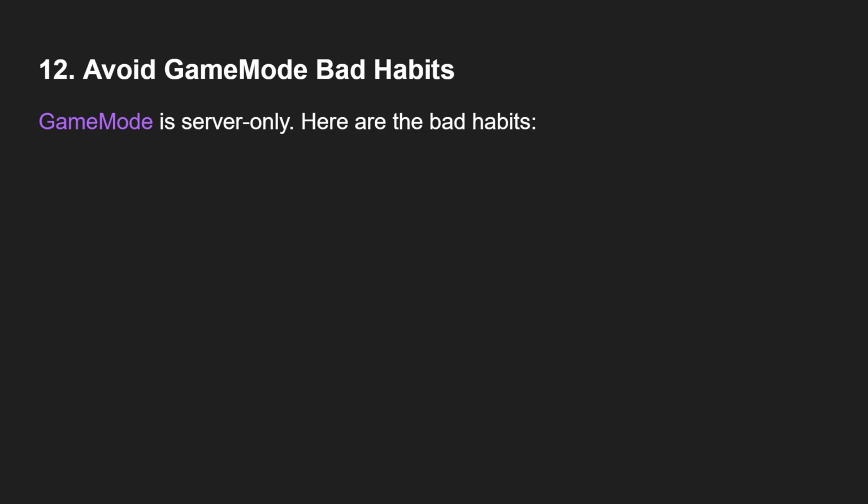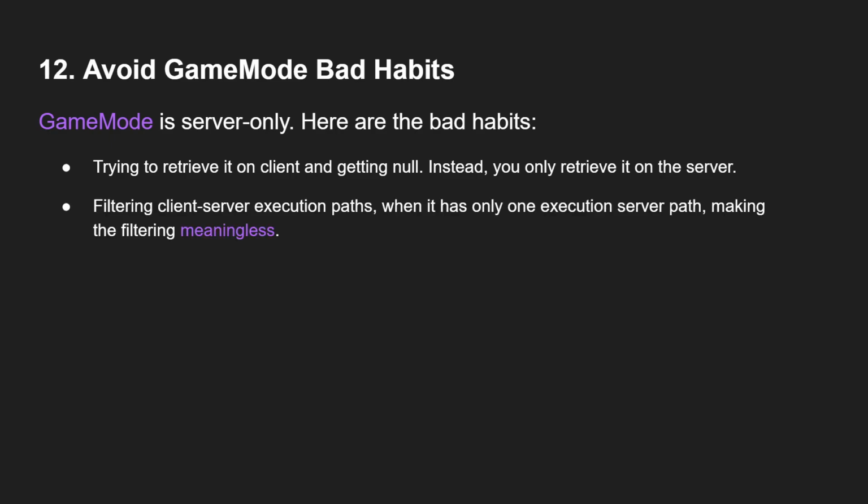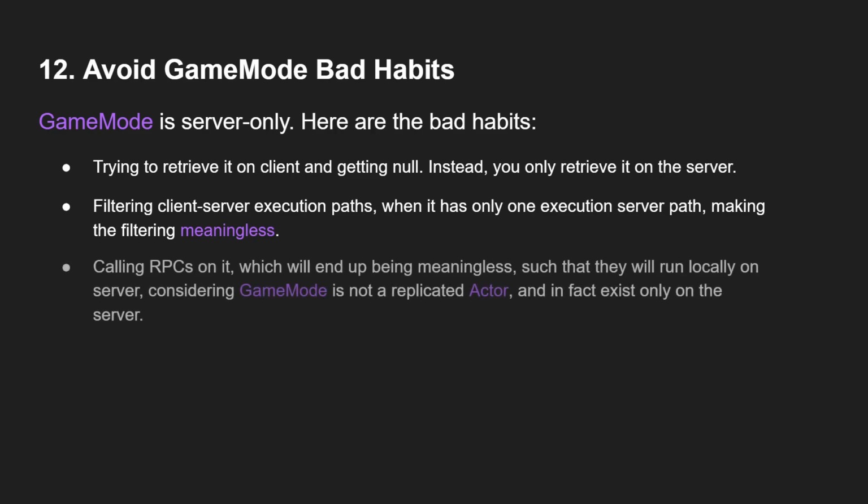So one bad habit is trying to retrieve the game mode on the client and getting null, of course, and instead you should only do it on the server. Another is filtering client-server execution paths, which is out of place considering game mode only exists on the server, so there's no meaning in filtering these client-server execution paths.